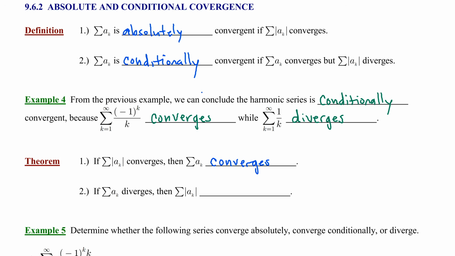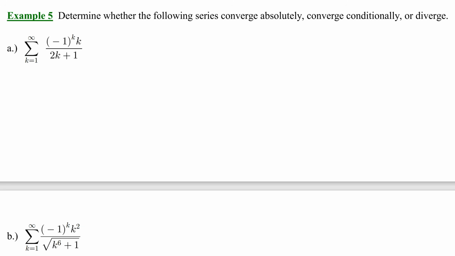In addition, number 2 says if the alternating series diverges, remember this is the sum of positive and negative terms, if the positive and negative is not enough to cancel out the sum so that it converges, then the absolute value form of the series must diverge, right? Because it would be a larger sum. A sum composed of all positive add-ins is going to be larger than a sum composed of positive and negative add-ins. So keep these results in mind as we examine example 5.